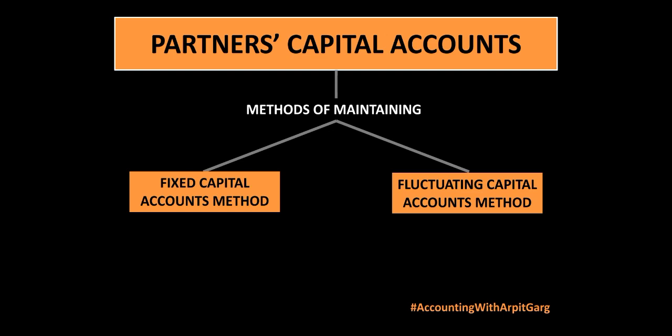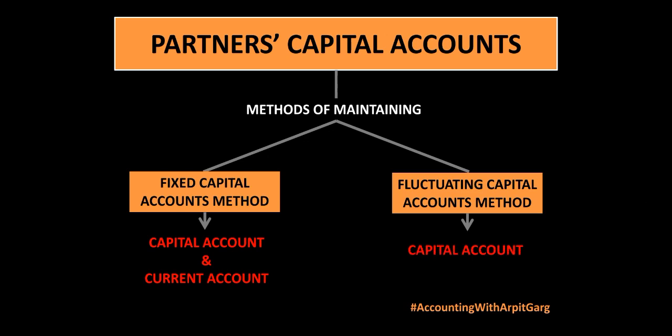So the accounts to be maintained under the fixed capital account method are partners capital account and partners current account. The account to be maintained under the fluctuating capital account method is the partners capital account. Let's see in detail which items these accounts will be covering.